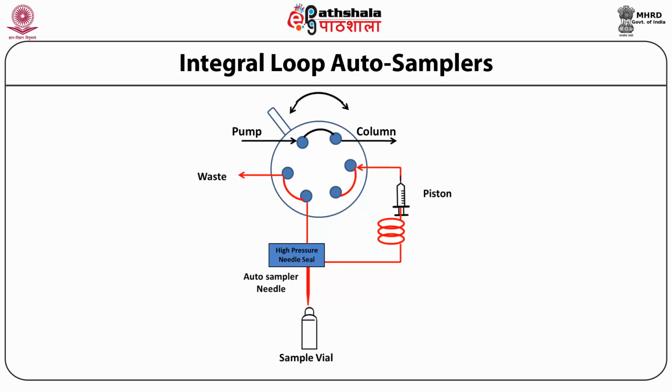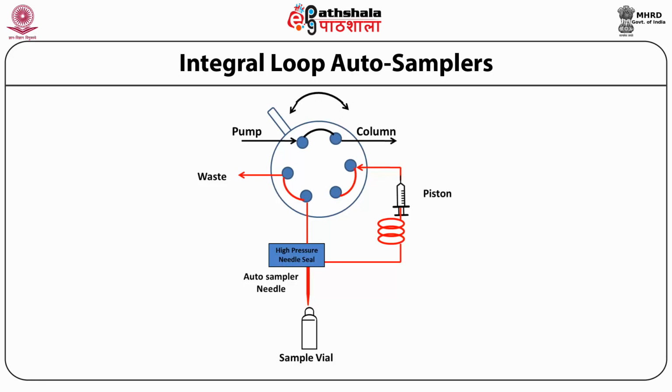When the injection valve is in load position and the autosampler is disconnected from the hydraulic path, the sample is drawn from the vial by the autosampler needle during this mode and filled into the integral loop with the help of a metering pump.